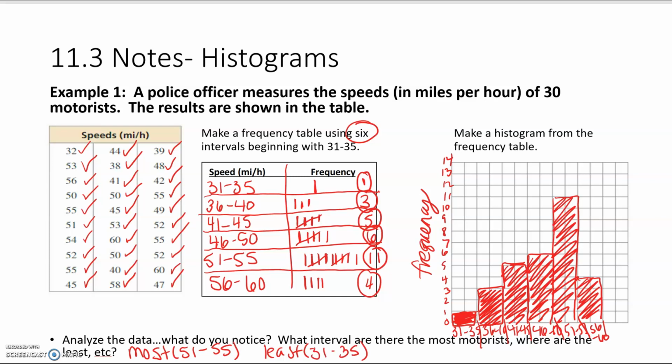Since this is a police officer measuring speeds of 30 different motorists, we can try to figure out what we think the speed limit might be. Maybe because most people are going 51 to 55, our speed limit is somewhere between 50 and 55. That might give us an idea of what the speed limit on the road might be where the police officer was measuring these speeds.